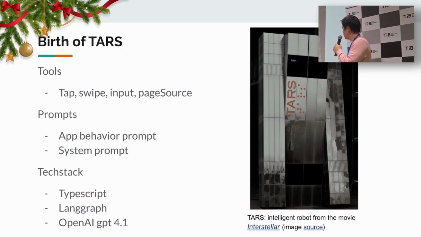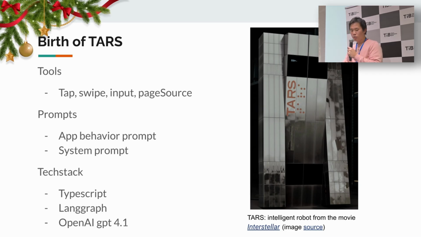TARS, if you don't know, is from a movie called Interstellar. I forgot what it's really called, but TARS for us is Test Automation Regression System, which basically helps us to execute the tests. We use LangGraph to set up stateful orchestration so that the implementation of our agents will be clear and scalable.